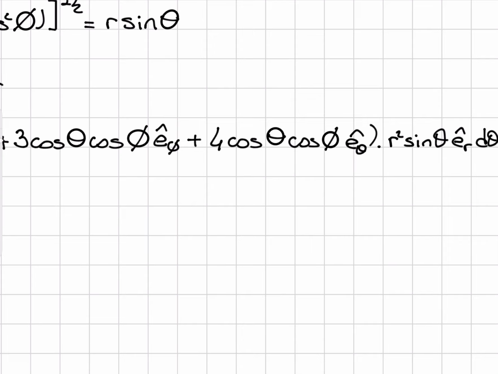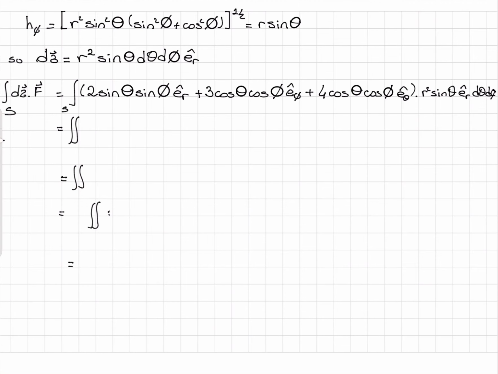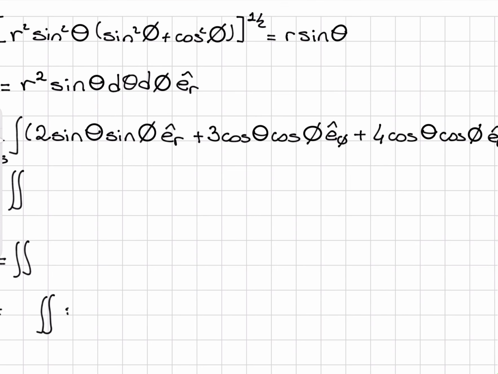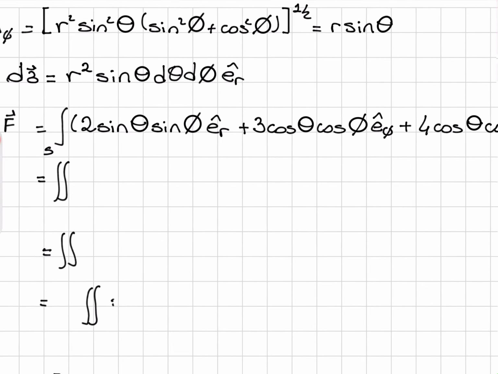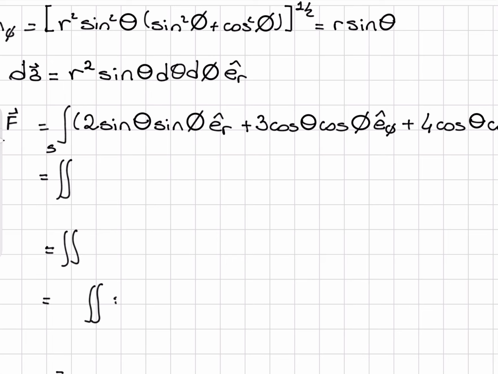Now you can see that the dot products of e_phi hat and e_theta hat with e_r hat are always equal to 0 because these are orthonormal unit vectors. So e_r hat dot e_r hat is 1. So we're going to have 2 sine theta sine phi here and r square sine theta from the d theta d phi part.